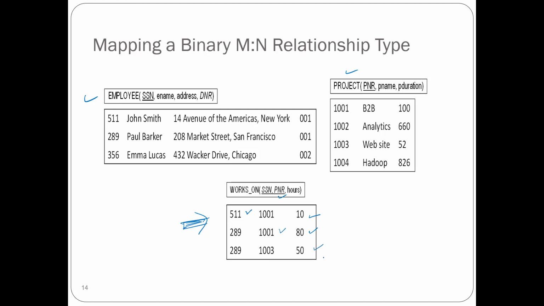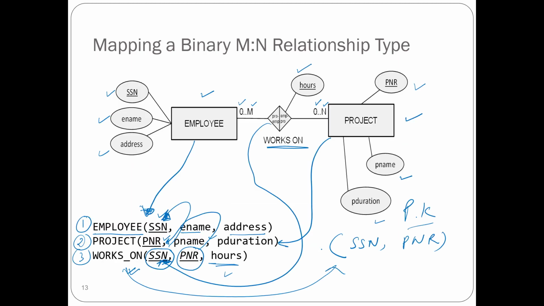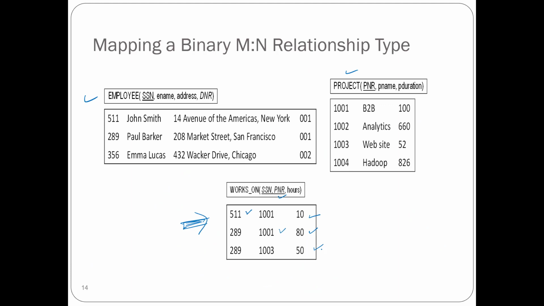Good. So what was the cardinality? Okay, 0 to M, 0 to N. So here we have 289, right? 289 is Paul Barker. Paul Barker is working on multiple projects, right? So that is satisfied. An employee can work on more than one project.